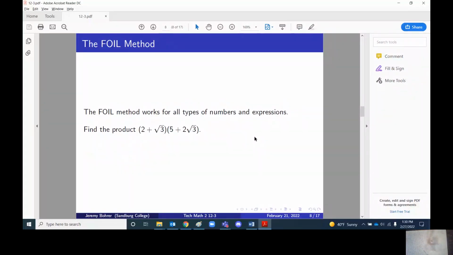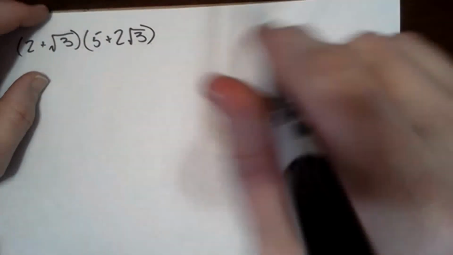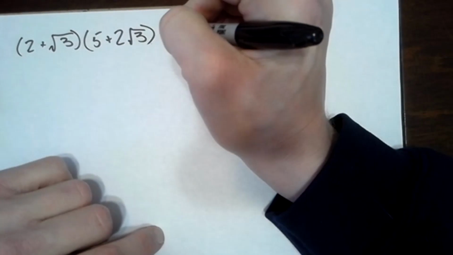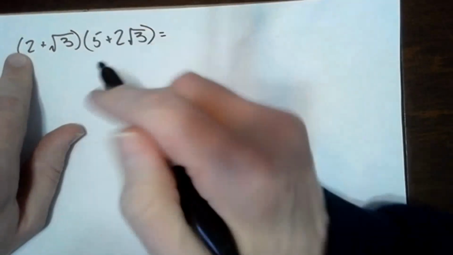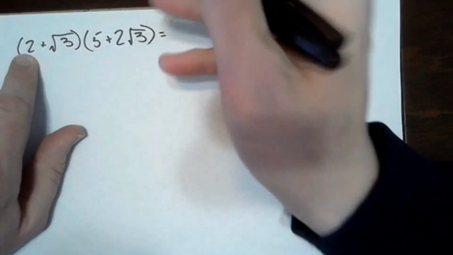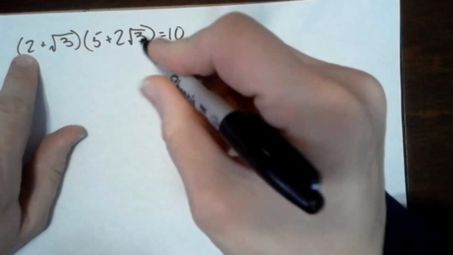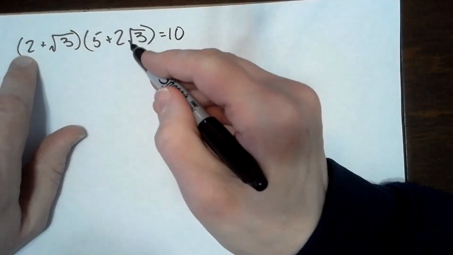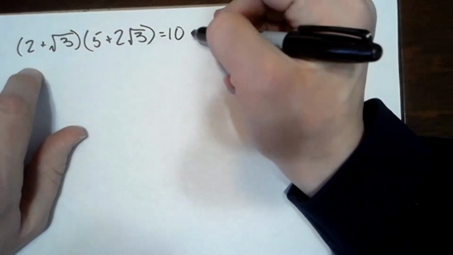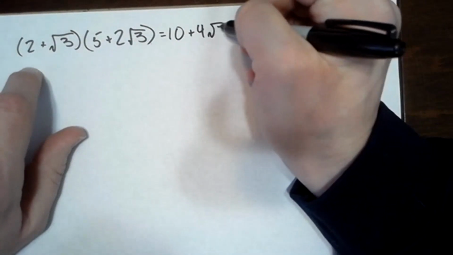Next, we'll look at a problem using the FOIL method. The FOIL method, remember, we just multiply the first terms, the outside terms, the inside terms, and the last terms. So that gives us 2 times 5 is 10. Our outside terms give us 2 times 2 root 3 is 4 root 3.